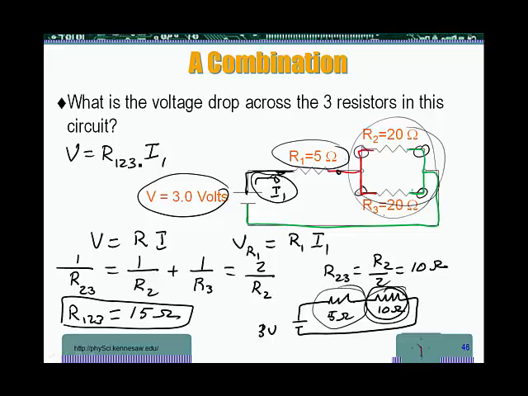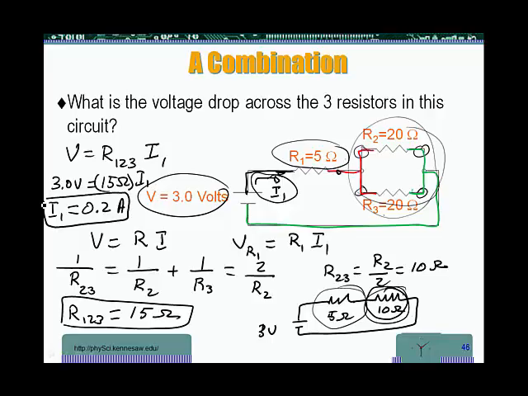So now, all we have to do is plug in numbers. V is 3 volts. R123 is 15 ohms. And this is I1. So I1 is going to be 3 volts over 15 ohms, so it's going to be 0.2 amps.